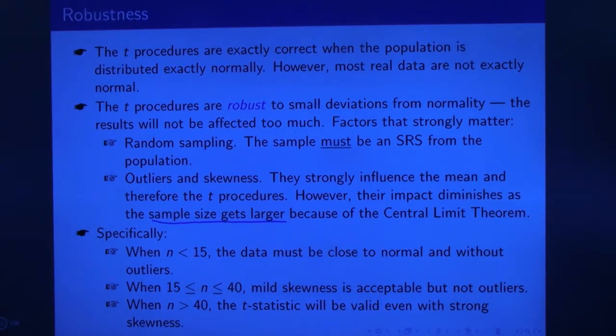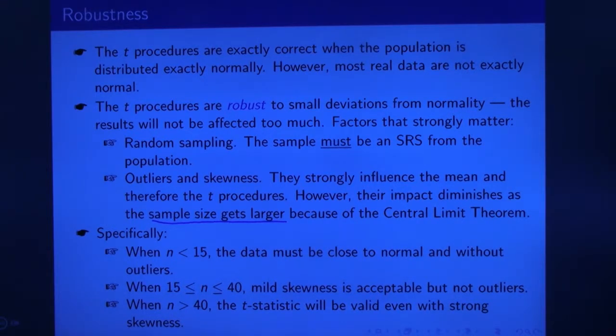So if you do this kind of test and your sample size is large enough, then the outliers and skewness will not be considered a big effect on your result. Specifically, when n is less than 15, the data must be close to normal and without outliers.